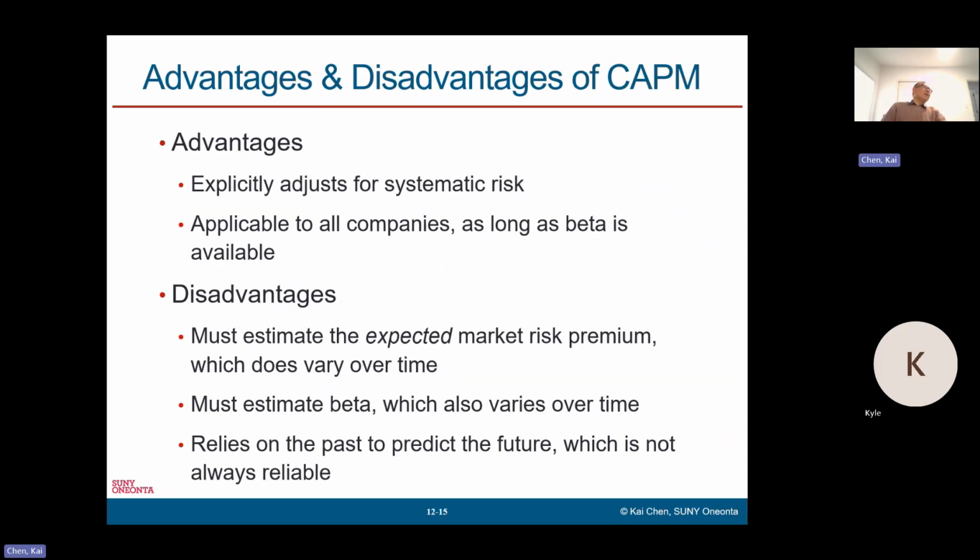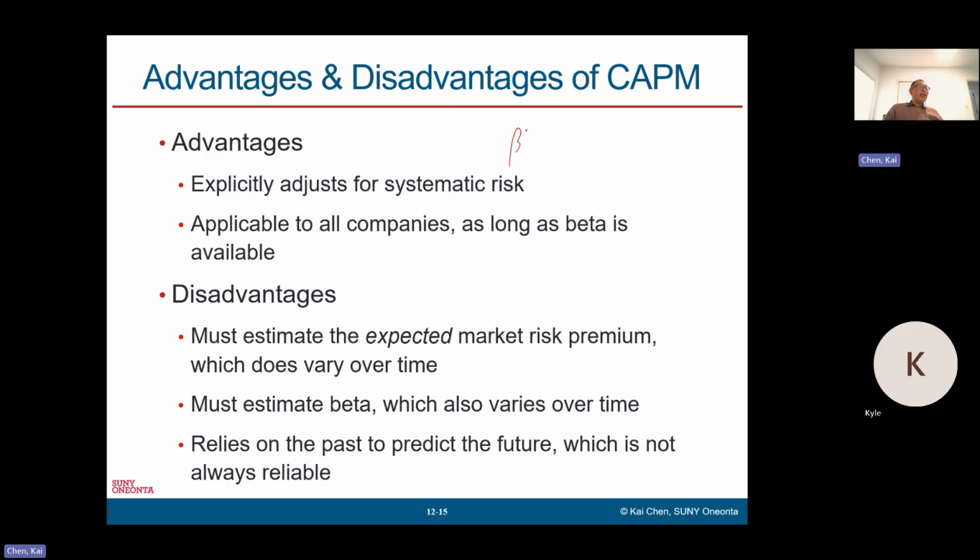All right. Now, if we use CAPM, what are the advantages and disadvantages? Of course, the advantage is that CAPM explicitly adjusts for systematic risk. We already know there is a quantitative relationship between expected return and systematic risk, and this relationship is shown in beta.